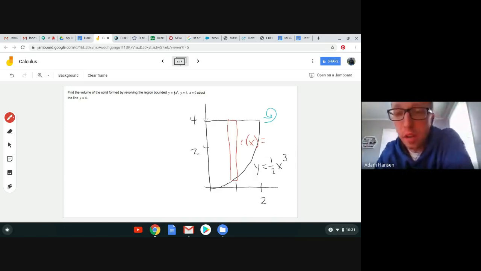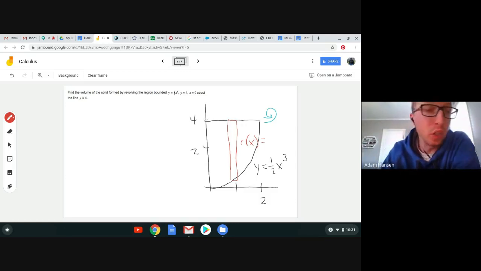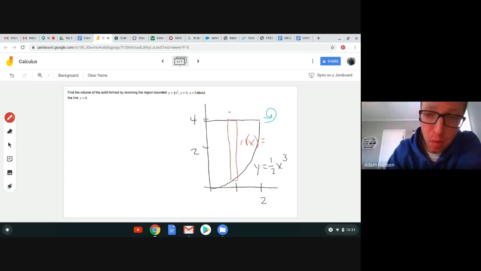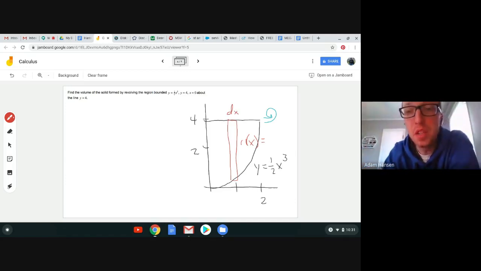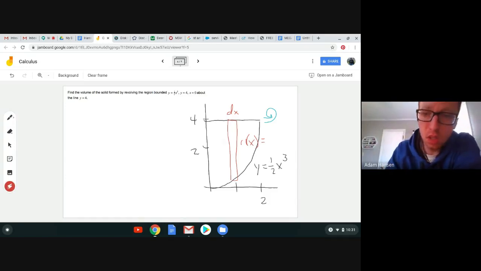Rather than the dy integral in the previous example, this is a horizontal axis of rotation, and the depth or height of that disk is some distance dx rather than dy. Our challenge is to come up with some formula for the radius.